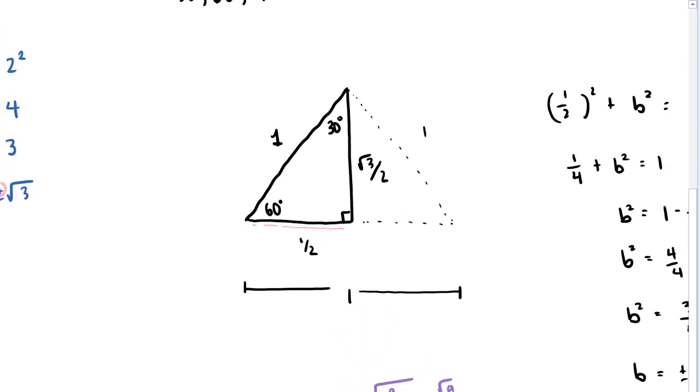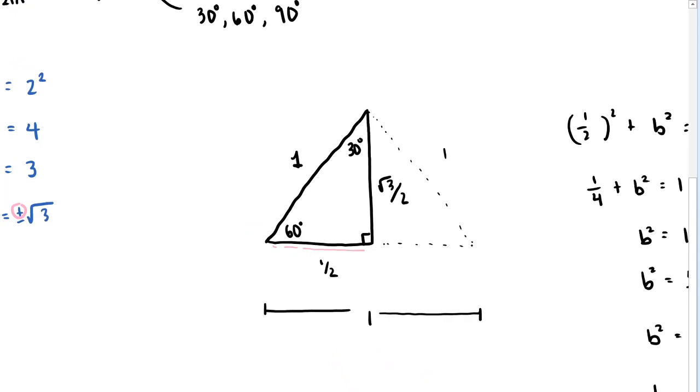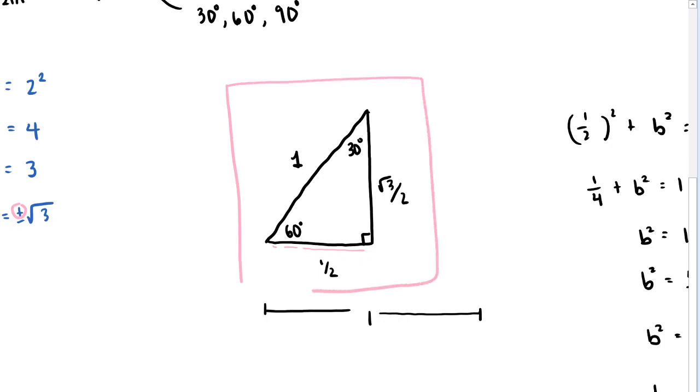And so this is an example of a right triangle that I really want you to commit to memory. Sometimes when people teach trigonometry, there's a lot of memorization that goes on, and really we can avoid a lot of the memorization just by remembering this 30, 60, 90 triangle.